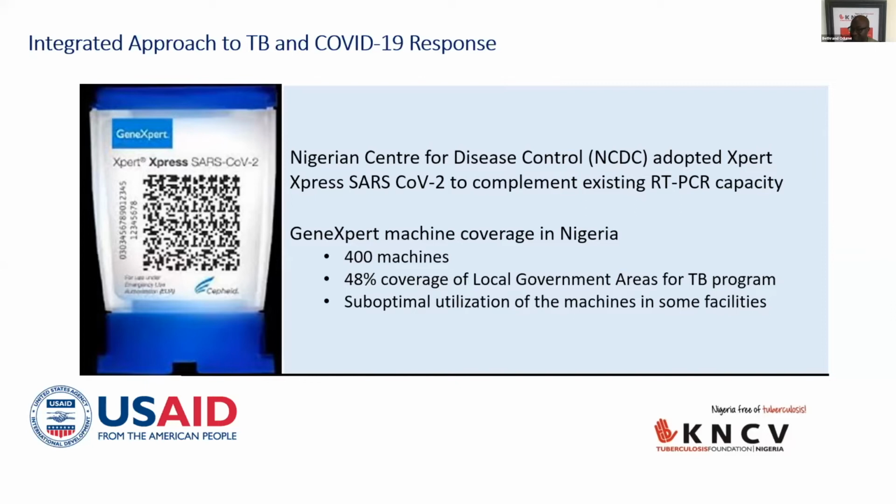Looking at those GeneXpert sites then, there was suboptimal utilization of these machines due to challenges ranging from power and human capacity to module failures. But with the coming of COVID, we expanded the scope, GeneXpert was approved for testing, and more resources were deployed to ensure optimization of those GeneXpert sites.